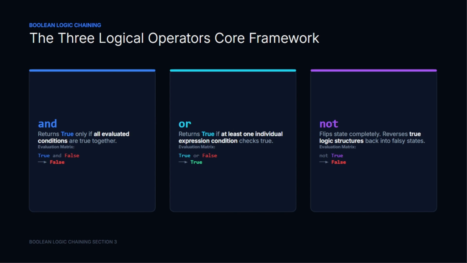Let's start with and. Imagine a website that asks: are you above 18, and are you a registered citizen? If you are both, then the website will work for you. If both conditions are not achieved, then the website will not work for you. That's exactly how the and operator works.